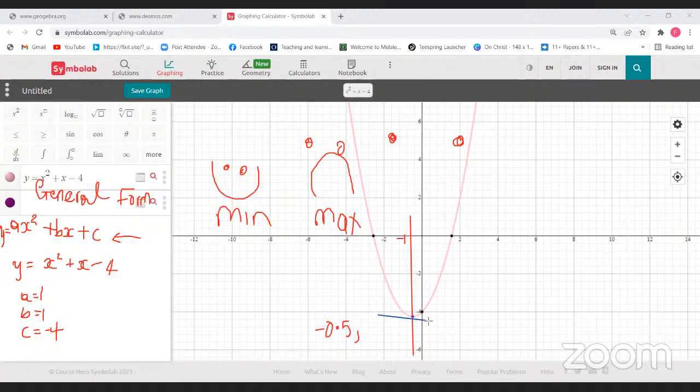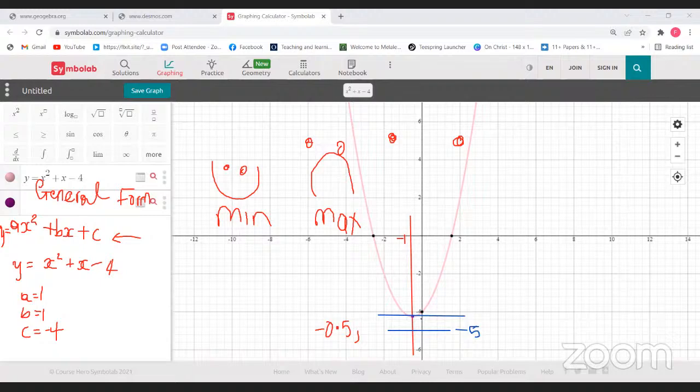Let's draw the line through. 5 would have been in between there. We have 2.5 strokes to get to 5.